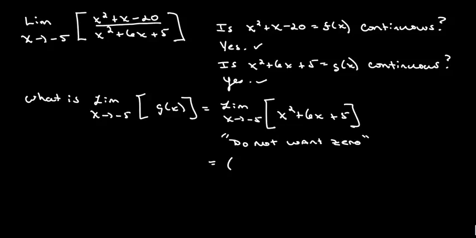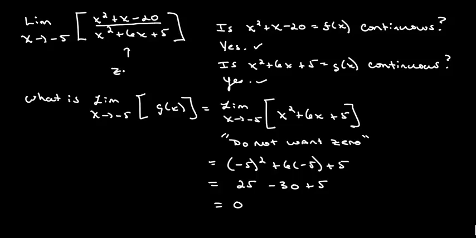So let's check this guy out. When I plug in -5, I get 25 minus 30 plus 5. Well, that's going to be 0. So since the denominator here is 0, we have to use the replacement rule.